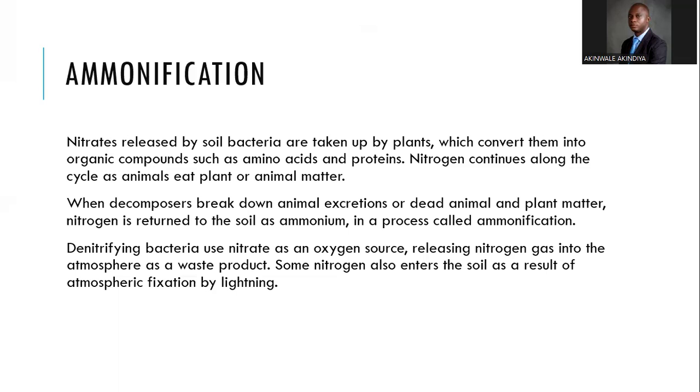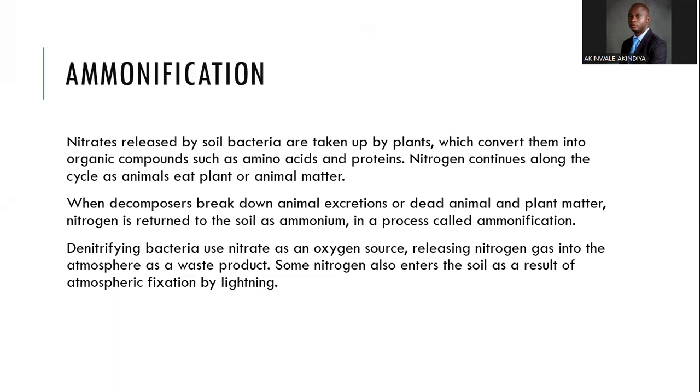So when decomposers, the microbes that decompose dead animals, break down animal excretions or dead animal and plant matter, nitrogen is returned to the soil as ammonium in a process called ammonification. Denitrifying bacteria use nitrate as an oxygen source, releasing nitrogen gas into the atmosphere as a waste product. Some nitrogen also enters the soil as a result of atmospheric fixation by lightning.